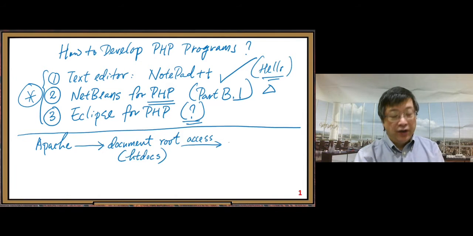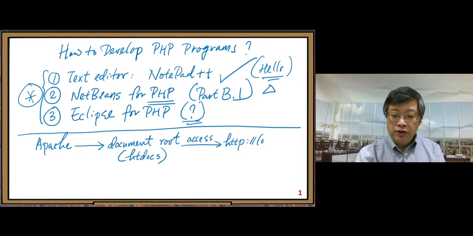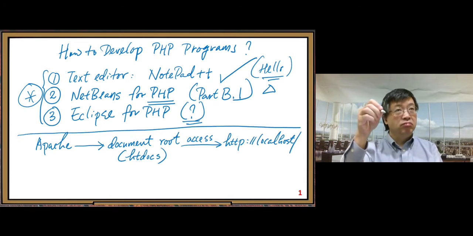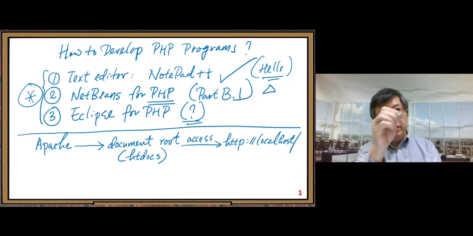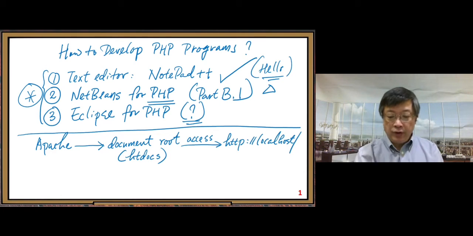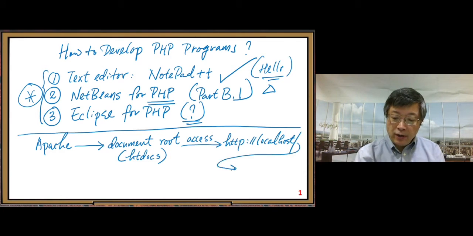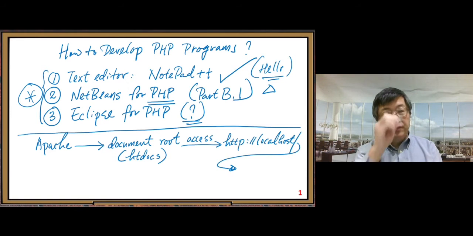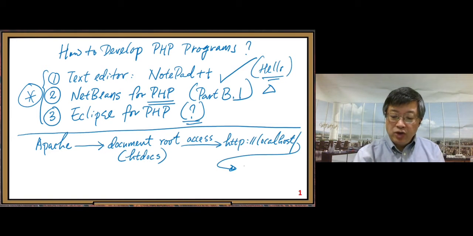Access it through a URL, http://, then your file name. If we have folders, you also put the folder names. All right, so here, suppose our first PHP file we call hello.php.